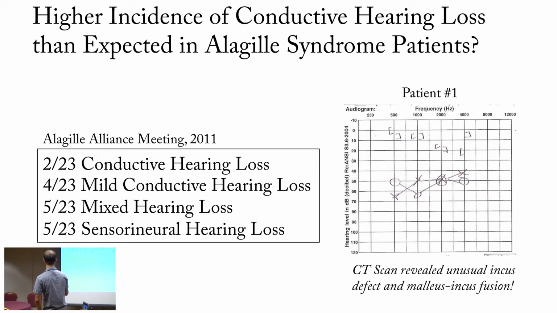And then 5 out of 23 had mixed hearing loss, meaning that probably there's something defective both in the mechanical transmission of sound and in the neurons, whereas 5 patients had only sensorineural hearing loss. So again, this is suggesting it's complex, that Jagged1 is affecting not just one part of the hearing system, but it can be in the neurons, or it could be in these middle ear bones, or some other structure.